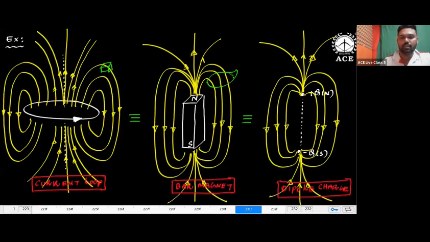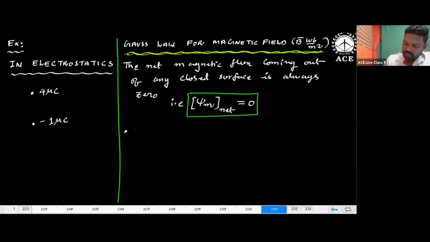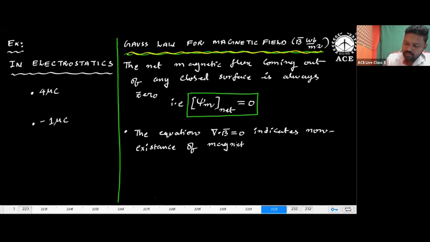This was one of your theoretical questions. So the equation divergence of B is equal to zero indicates non-existence of magnetic monopoles.